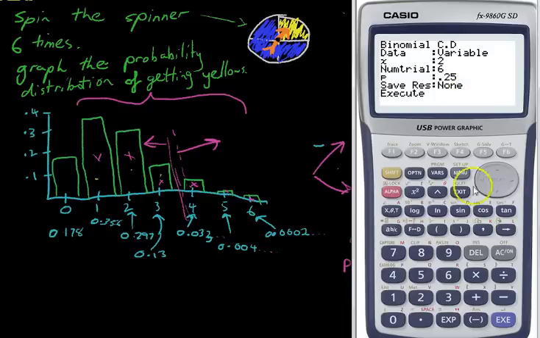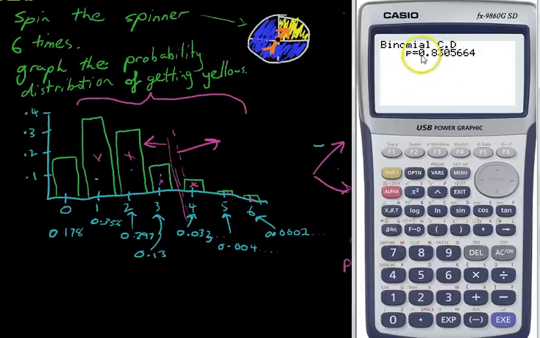Let's see what it returns as an answer. It gives us a probability of 0.83. That's much higher. Remember, it said 2 successes from 6 trials. 2 successes from 6 trials looks like 0.297. But our calculator just told us it was 0.83.